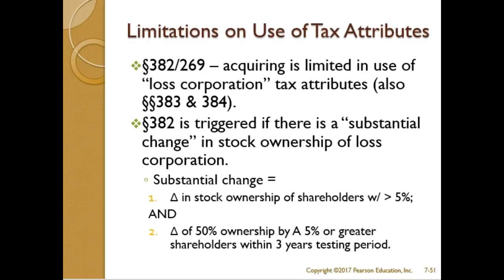The shareholders need to make sure there's continuity of interest. So if the shareholders do something immediately different within 3 years, then they can get that step transaction doctrine initiated.